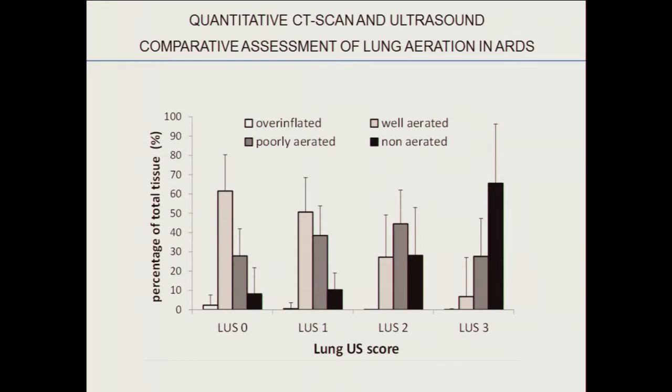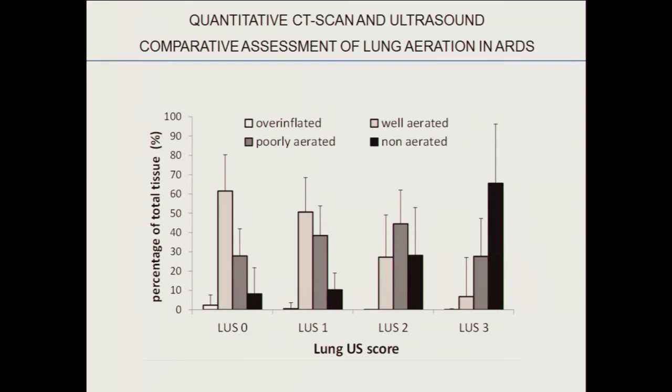Regions with a lung ultrasound score of 0, so normal pattern, have more than 60% of normally aerated tissue as assessed by CT, and less than 10% of non-aerated tissue.